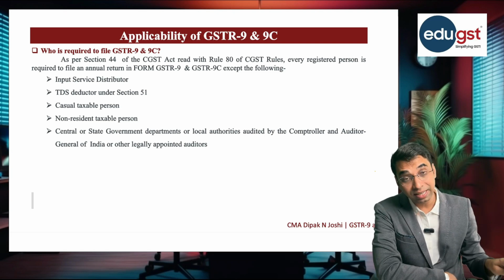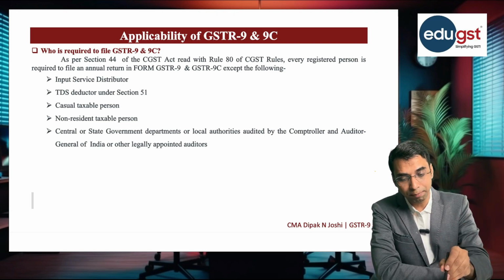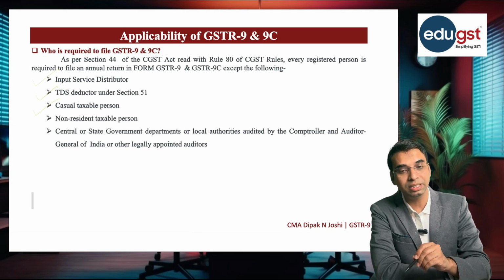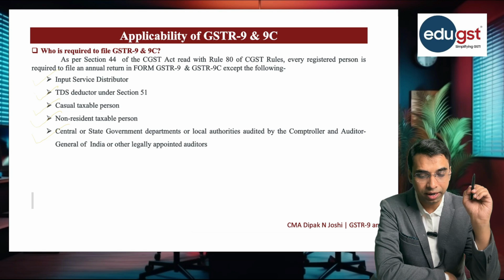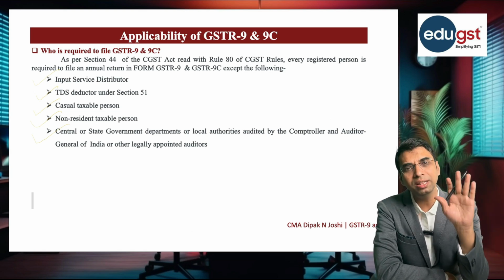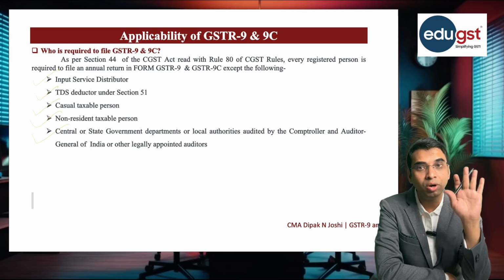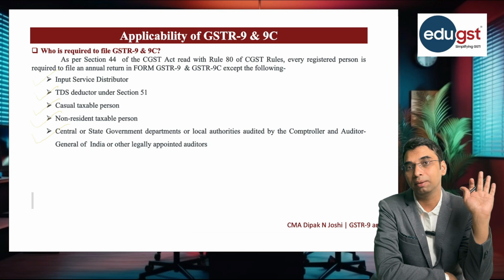So GSTR-9 9C is applicable in all other cases except these 5 cases: ISD, tax deducted under section 51, casual taxable person, non-resident taxable person, and central and state government or local authorities which are subject to the CAG audit. Only in these 5 cases filing of GSTR-9 9C is not applicable.